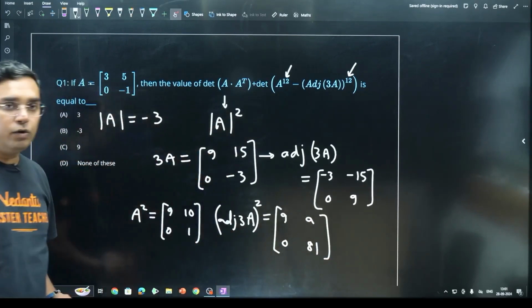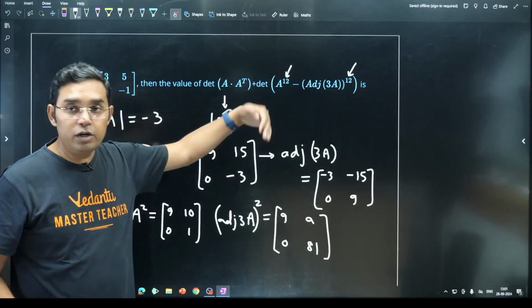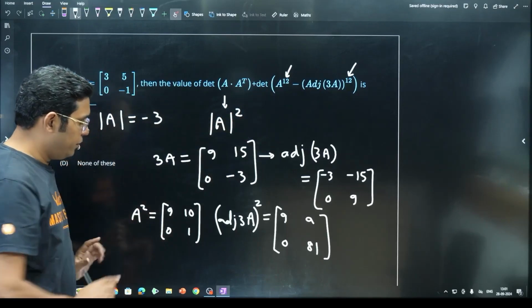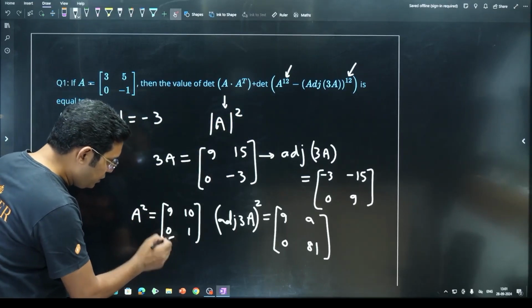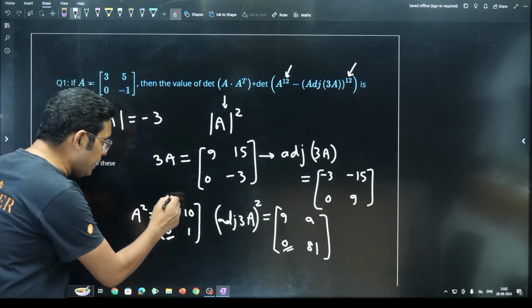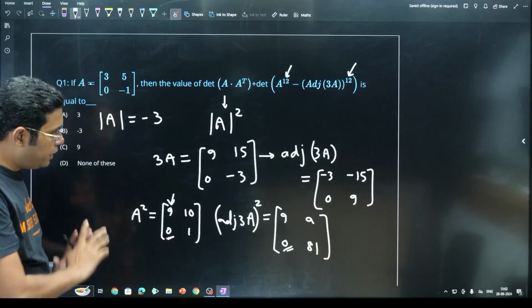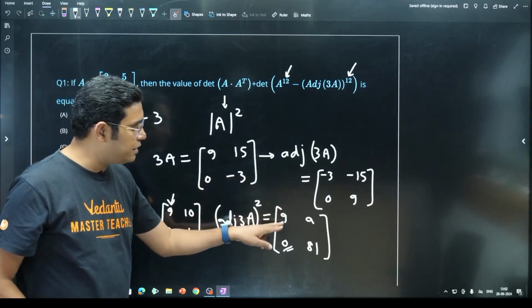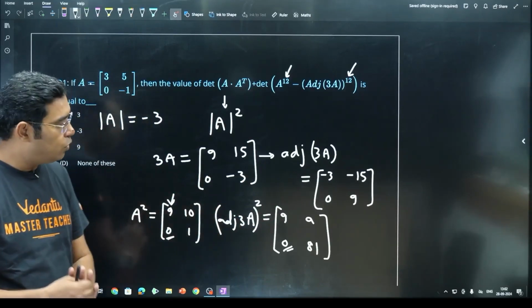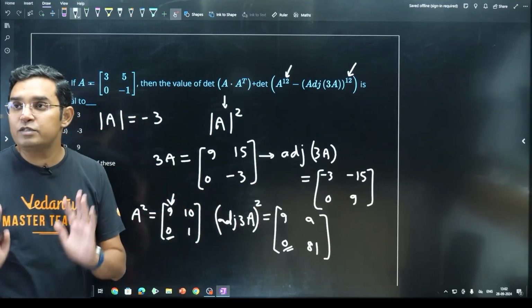Now what I am trying to tell you is that whenever you take the square of adjoint of 3A, my first column will always have element 0 here, and these elements will always be 3 square, 3 cube and so on, whereas this will be -3, -3 square and so on. So if power is even, these two columns will always be same.